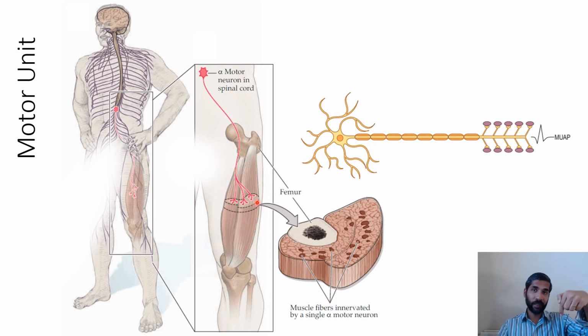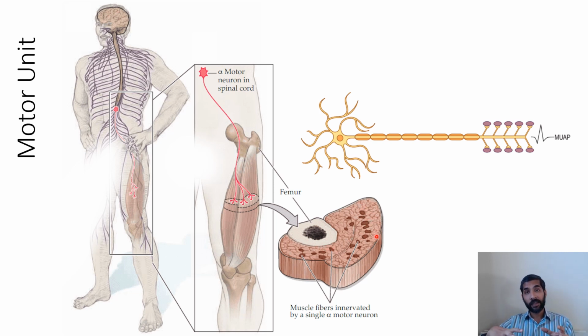It's not as if one nerve fiber innervates one muscle fiber. A nerve fiber comes down and it innervates quite a lot of muscle fibers. So if you look at the cross section of the muscle here, you can see that a single motor neuron, alpha motor neuron, is innervating many fibers in this muscle.